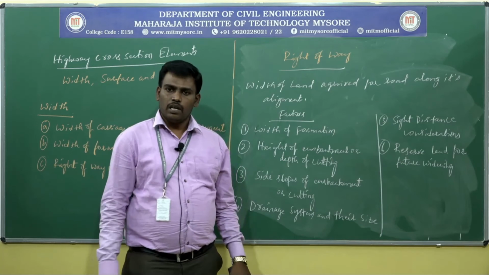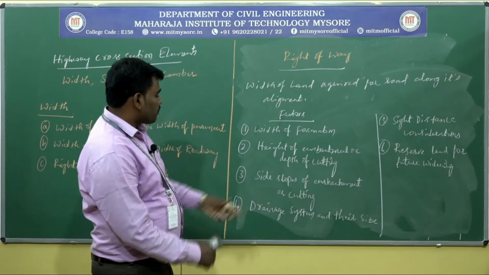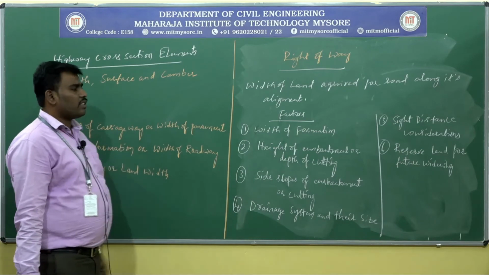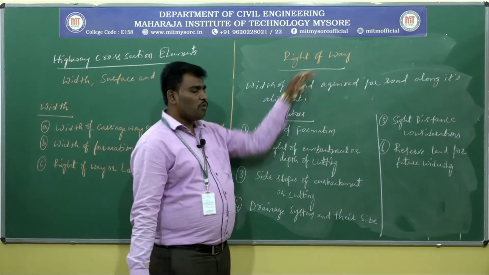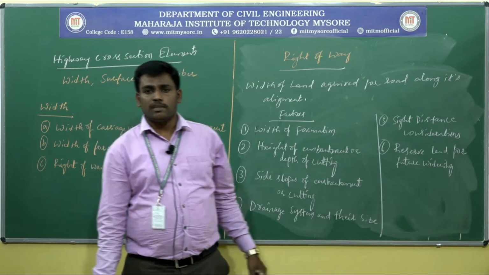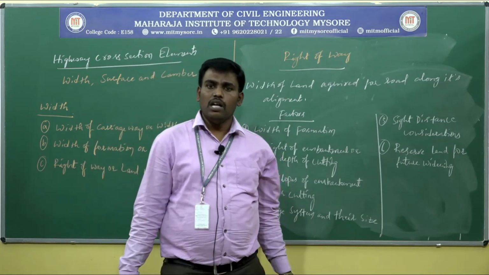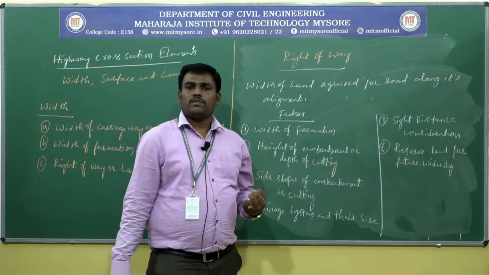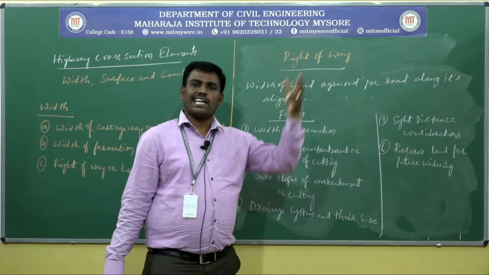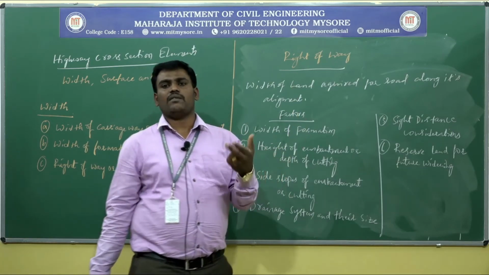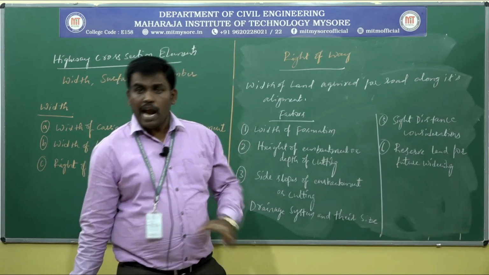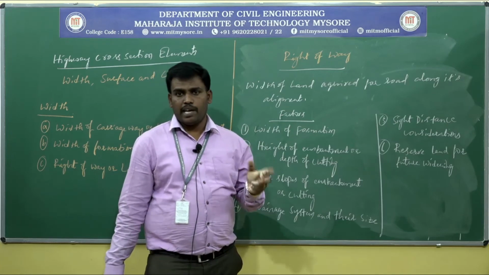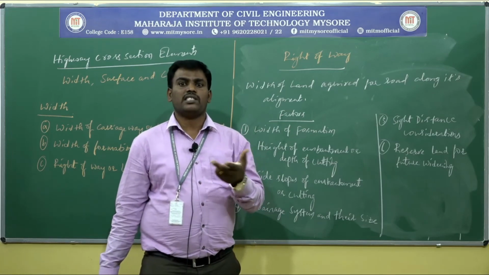Is it clear? As with width of carriageway and width of formation, for right of way also there will be IRC specifications. Those specifications will vary with the classes of roads, that is national highway, state highway, major district road, other district road and village road, and also with the type of terrain, that is plain, rolling, mountainous and steep terrain.